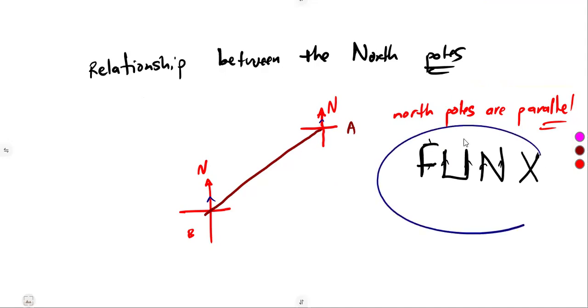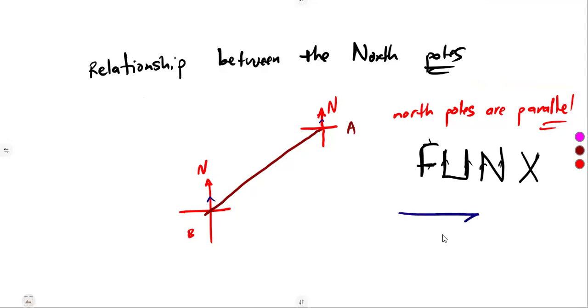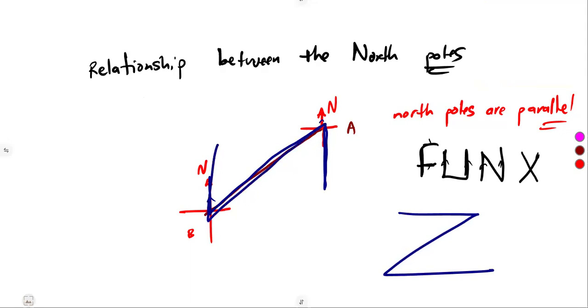So you must go back and understand every relationship. Alternate angles, where we form a Z, they are equal. Alternate angles like this, as you can see. So the angle here and the angle here will be equal.